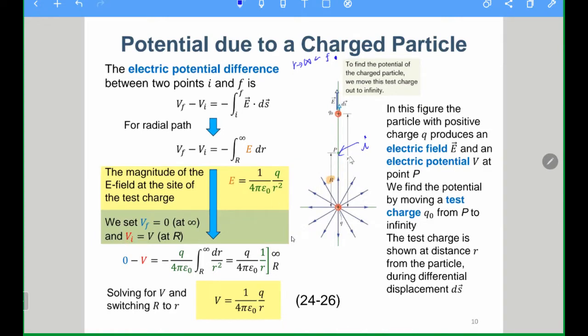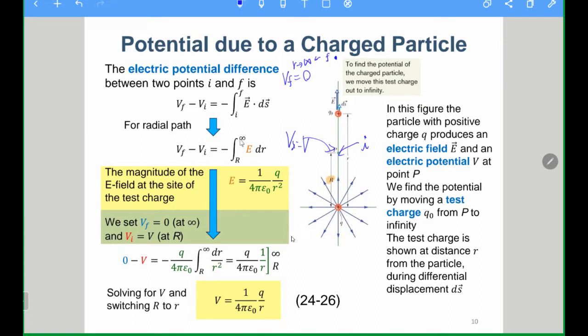We assume this point with a potential V, so Vi equals V, and for infinitely far away, we assume Vf equals 0. So if at infinitely far away the potential is 0, we try to put this into here. So we have 0 minus V.